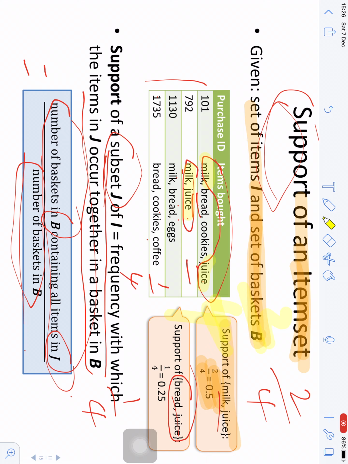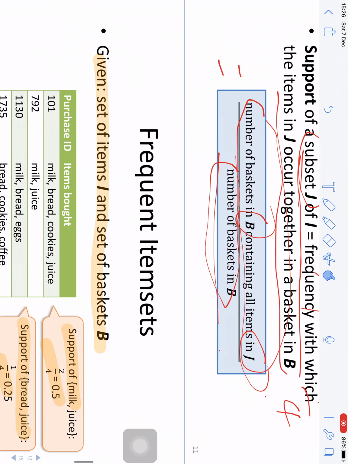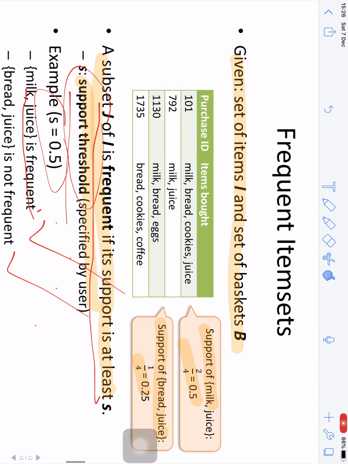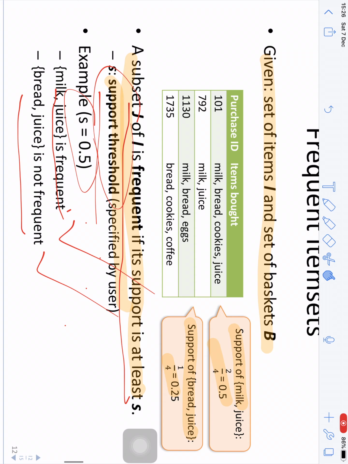What if we want the support of bread and juice? We find everything with bread and juice, and only one basket has both, with the others having no bread, no juice, or bread but no juice. So this is 1 divided by 4. For frequent itemsets, we are given a set of items I and a set of baskets B, and we set a threshold for the support.